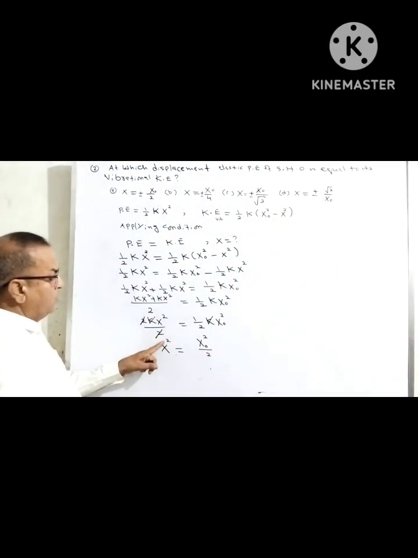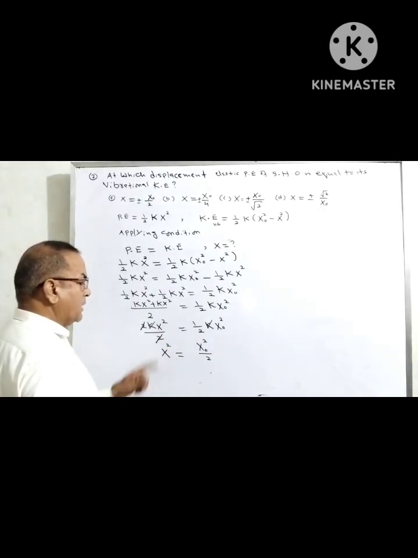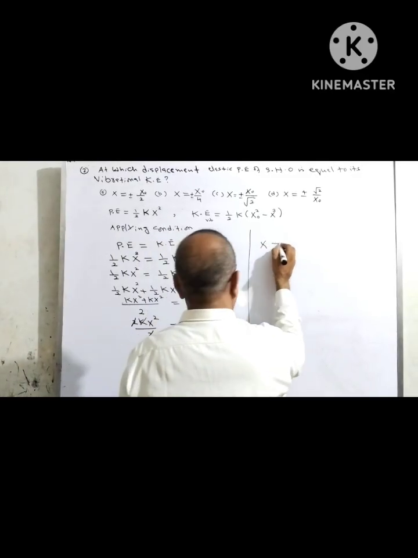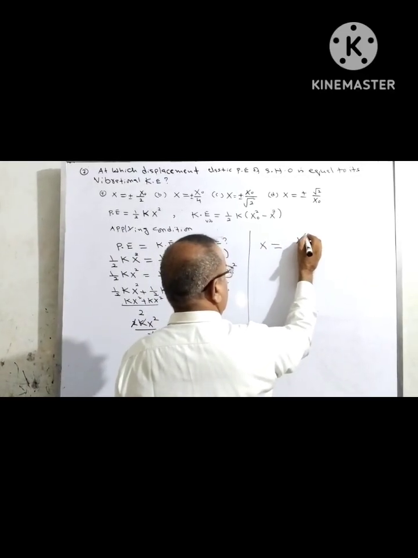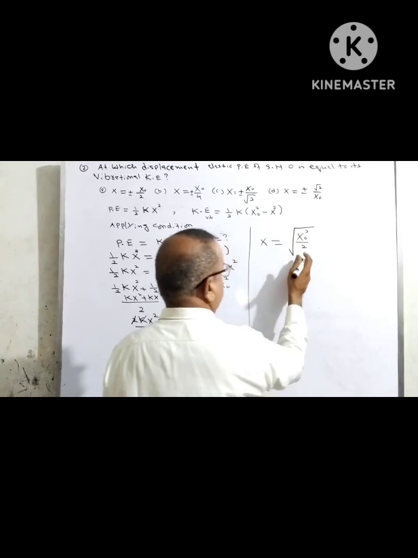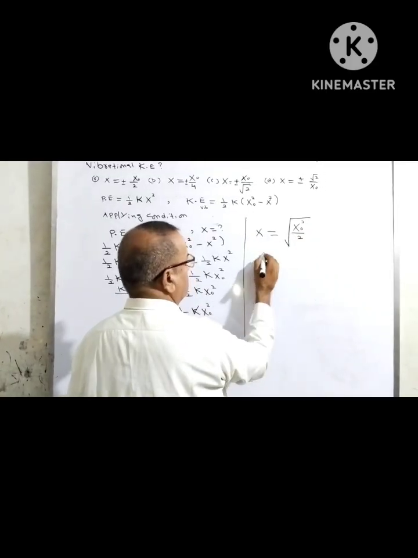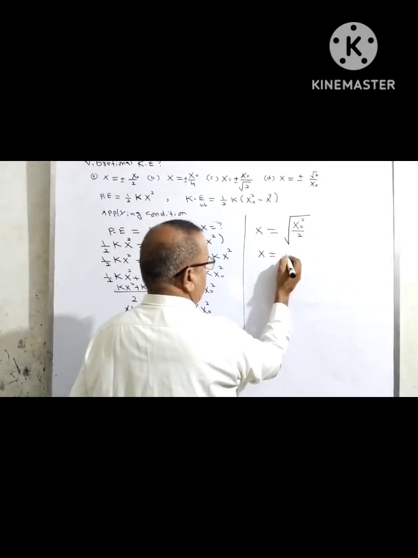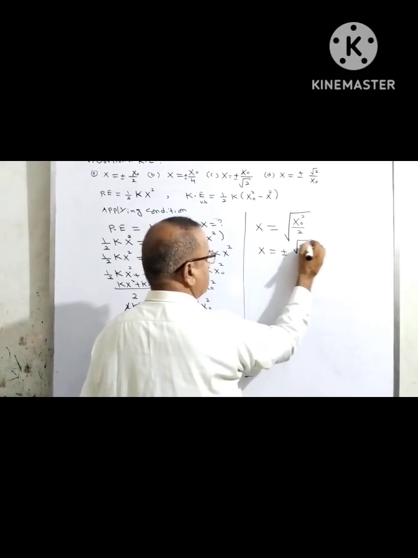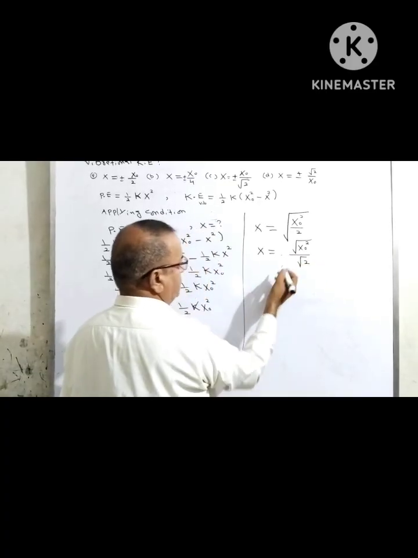So when we remove the square on the left-hand side, we put the square root on the right-hand side: x is equal to the square root of x naught square by 2. This square root applies over x naught square as well as 1 by 2. Simplifying that, we may write plus minus x naught square, under root 1 by 2.